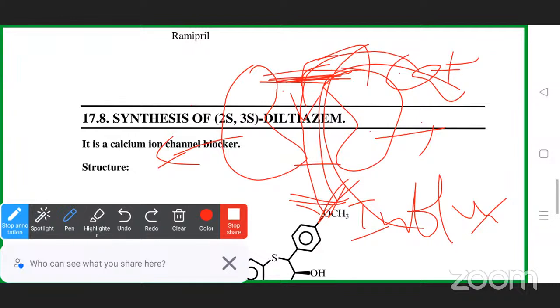It blocks the calcium ion channel and regulates the influx of calcium ion. If it is blocking the calcium ion channel, there is no probability of calcium ion entering, so the calcium ion concentration becomes normal. That is the mechanism involved in diltiazem. So we use the diltiazem drug as a calcium ion channel blocker.